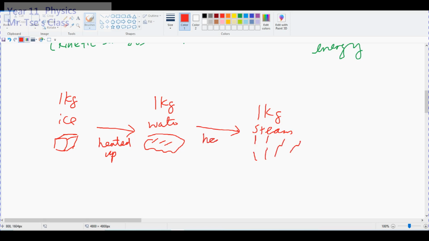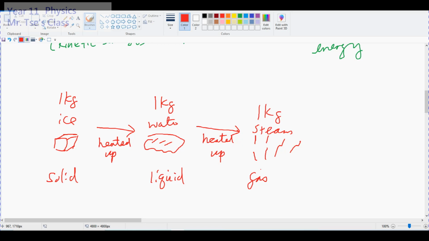if you heat up further. That means what? You supply energy for the solid. Okay, ice is a solid, that's liquid, and that's gas. So you need to supply energy for the solid to become liquid, and for the liquid to become gas.